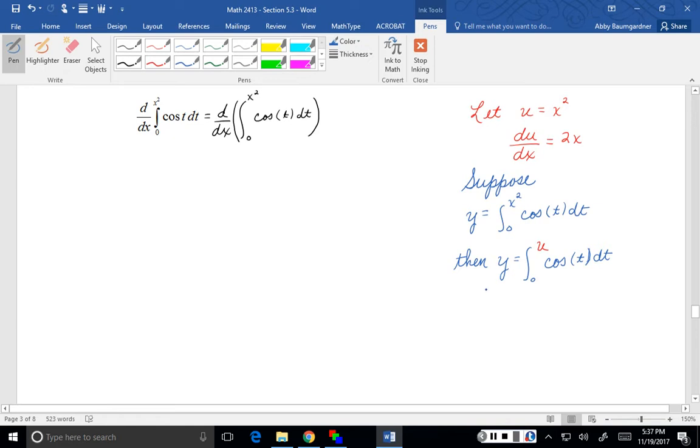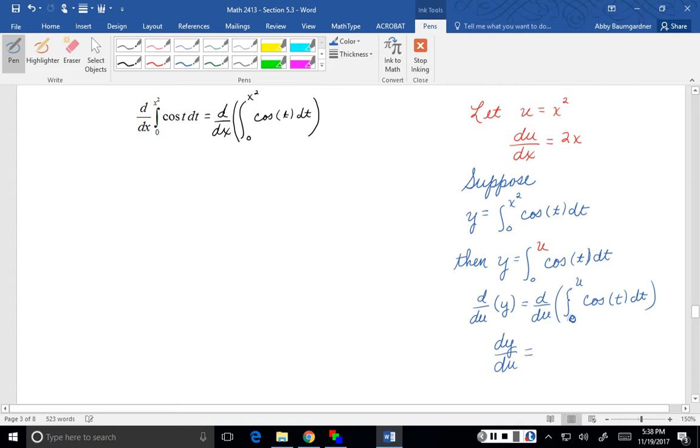So I'm going to be clever about this, and I am going to actually try to find the derivative of y with respect to u. In other words, I'm going to find the derivative with respect to u of both sides of this equation. On the left side, this just becomes dy du, on the right side, the derivative and the antiderivative would cancel out correctly because this is a constant down here.